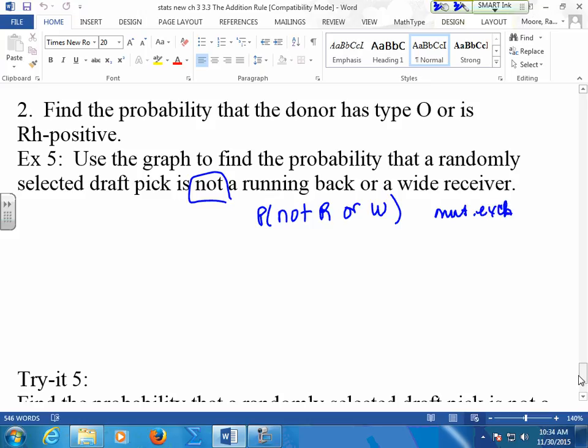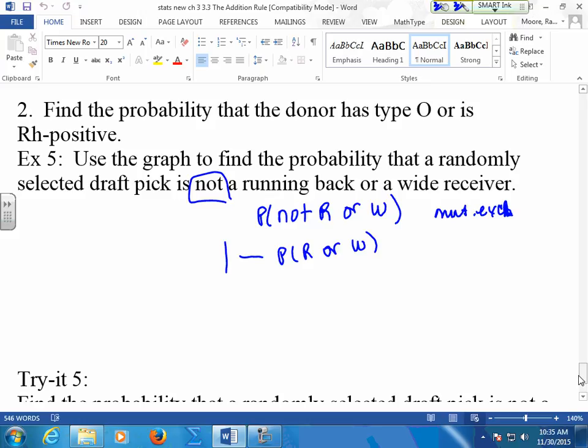If you want to sit there and count up everything else, be my guest, but you can take the probability of a running back or a wide receiver and subtract it from 1. That's its complement case. So much easier. And these are mutually exclusive. So find your running backs. It gives you at the top, you have 253 players. So you know your bottom number right away.